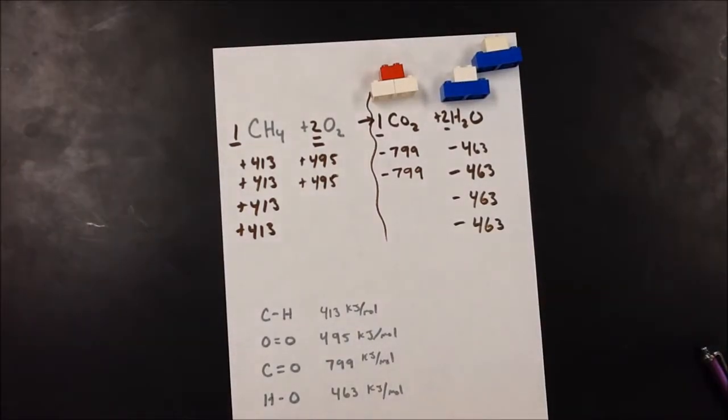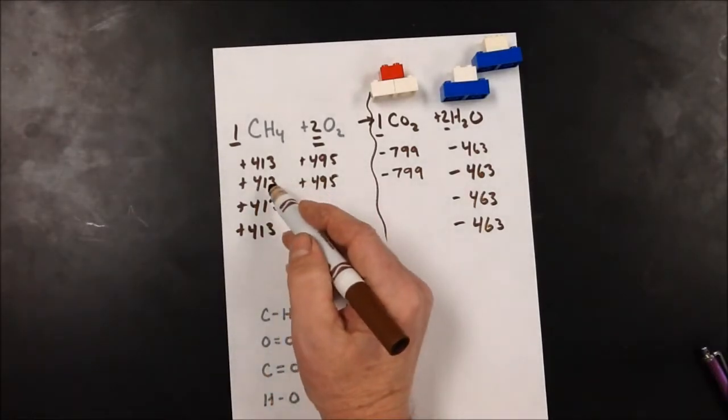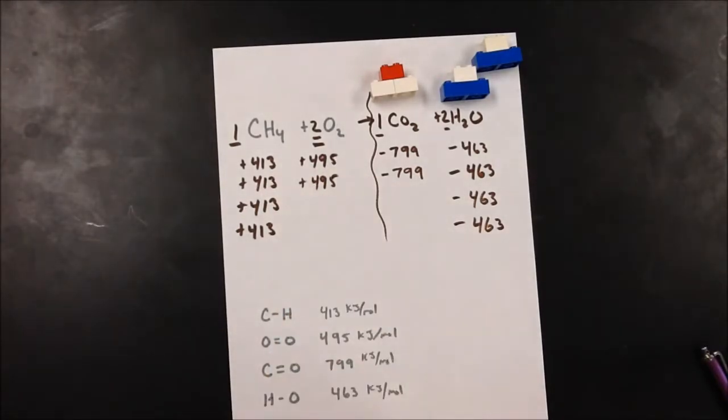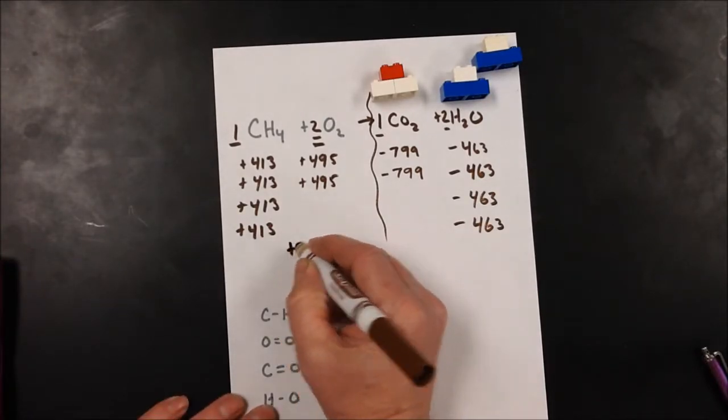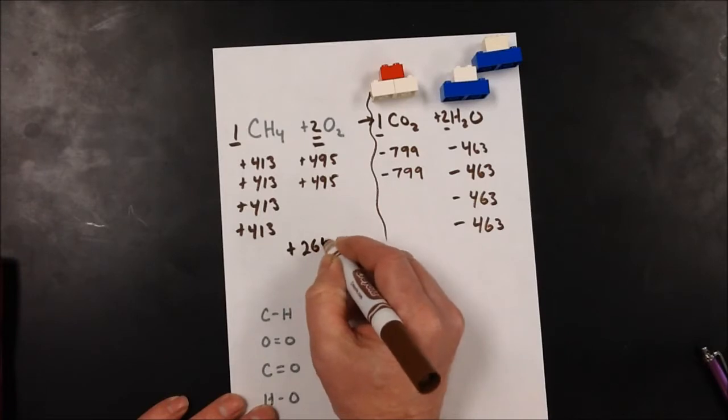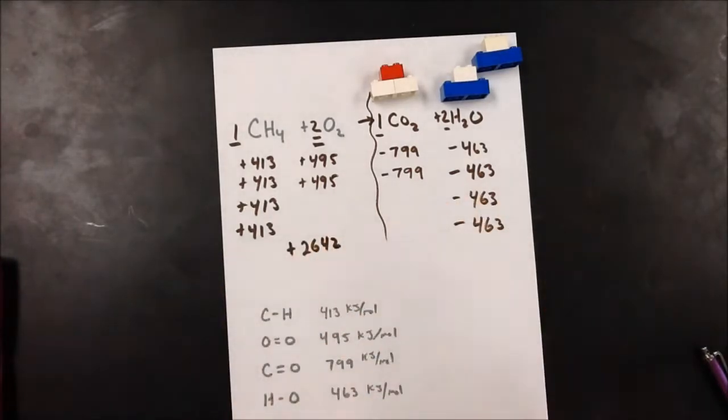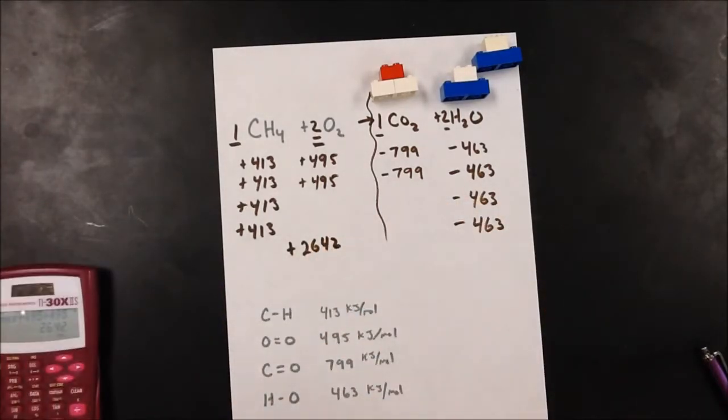All right, so the next step here is to start working with these numbers, and again, mathematically there are some shortcuts you can take, but I'm trying to do everything here with just simple addition. When I add up 413 4 times plus 495, I end up with a total here of positive 2642, and I could go right ahead and start subtracting off all the other side, but I'm going to go ahead and do those separately so I can double check my work.